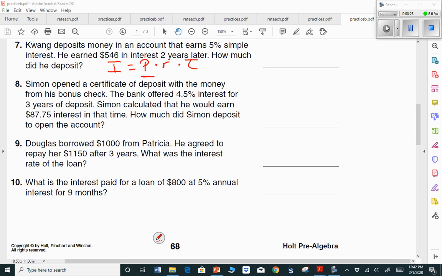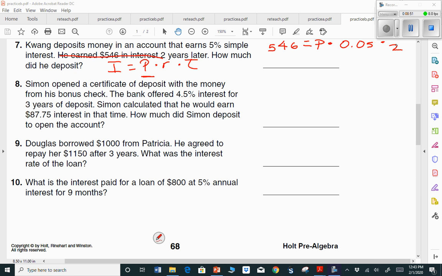Interest, it says he earned $546 in interest. So 546 where the I goes. Principal, we don't know, so we'll put the letter P. The rate is 5%, 0.05, and the time was 2 years.